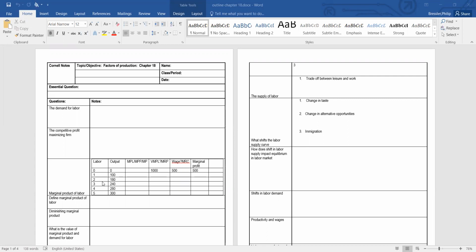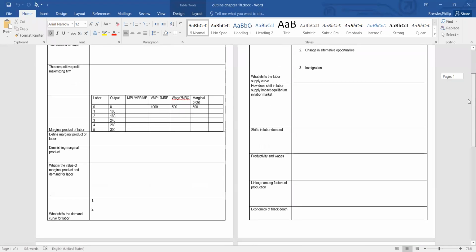The value of marginal product is MP times P in perfect competition. And I have to say, for this quiz, it's all going to be perfect competition. So it's MP times P. But if it wasn't perfect competition, and we'll learn that Tuesday, it's the change in total revenue over the change in input.